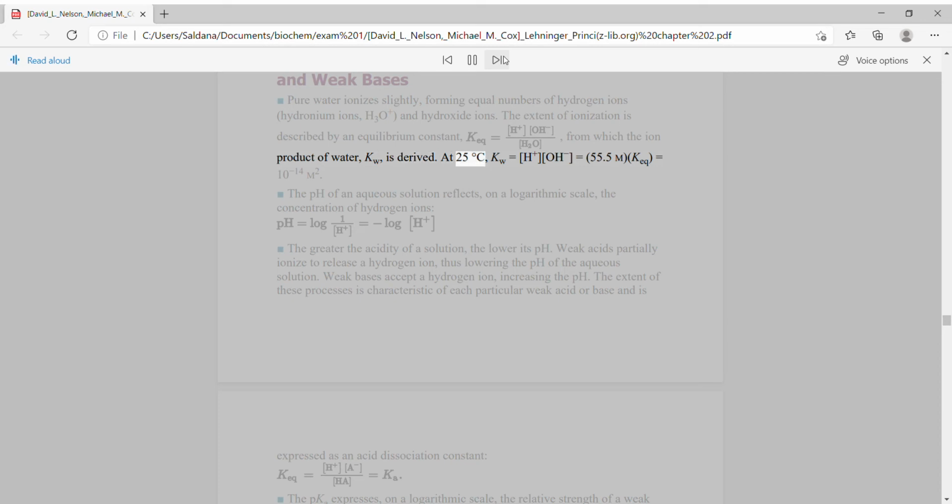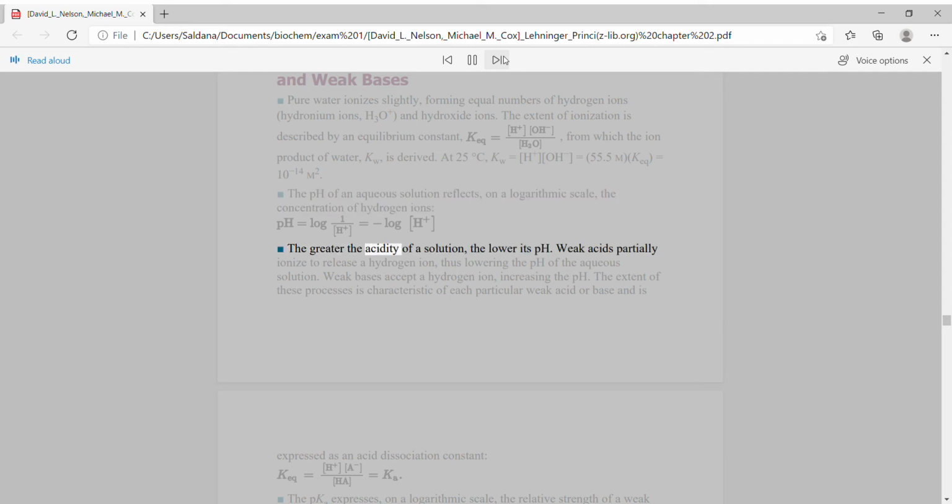At 25 degrees Celsius, Kw equals [H+][OH-] = (55.5 M)(Keq) = 10^-14 M^2. The pH of an aqueous solution reflects, on a logarithmic scale, the concentration of hydrogen ions.